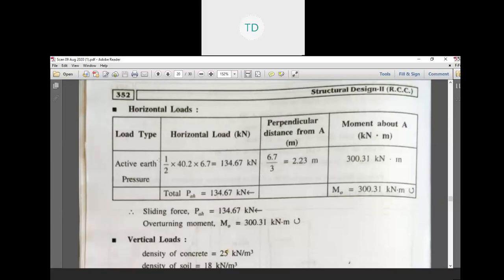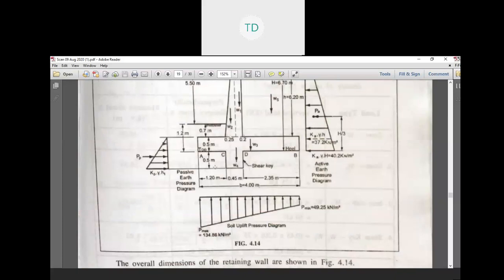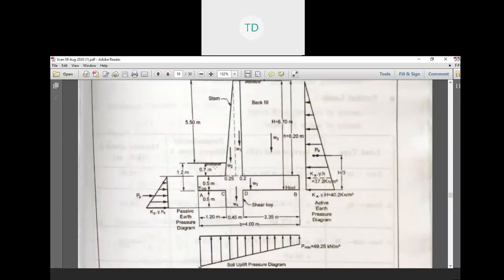Now, active earth pressure. Let us go to that figure to decide the points and other things. This point is A, this one is B, C, D, passive earth pressure, active earth pressure.